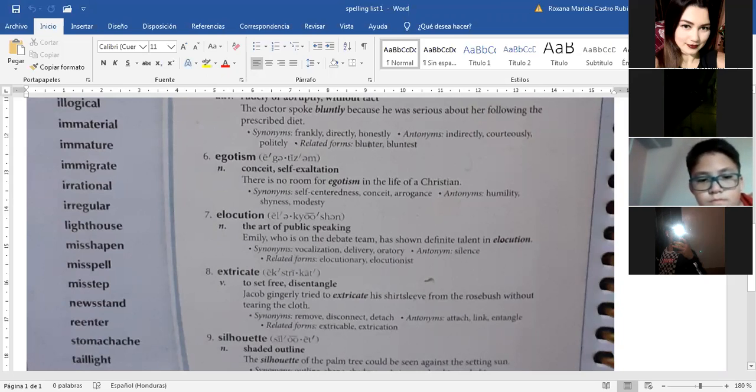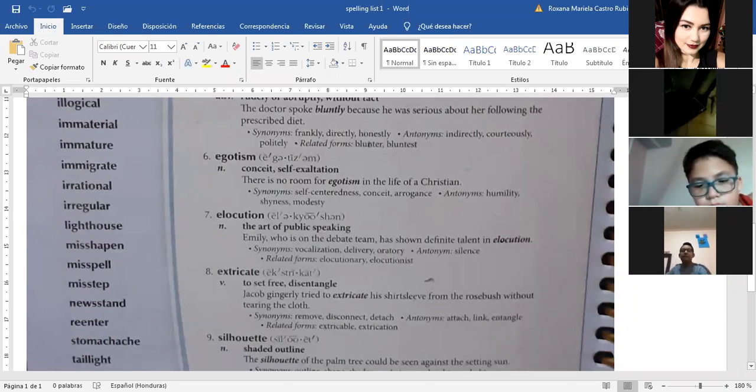Probably he was walking and his shirt sleeve was stuck on a rosebush, but he's trying to extricate his shirt sleeve. And the synonym is to remove or disconnect or detach. Okay? If you don't understand the definition, the synonyms help you.